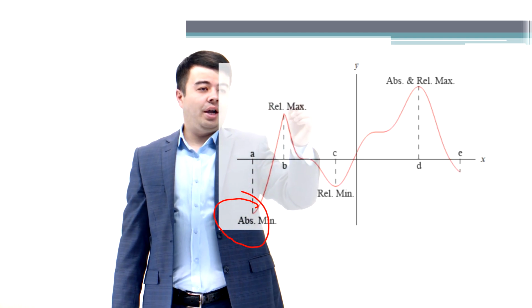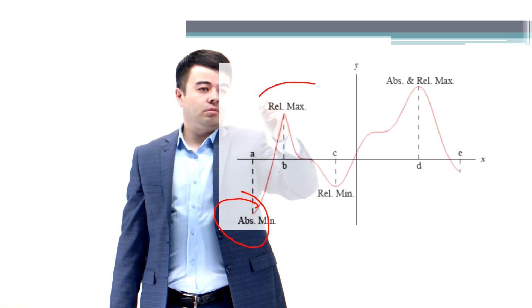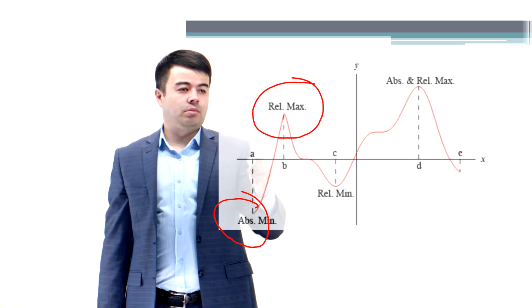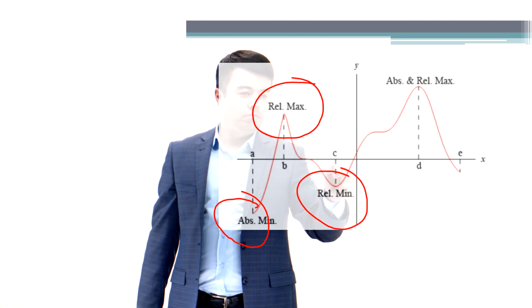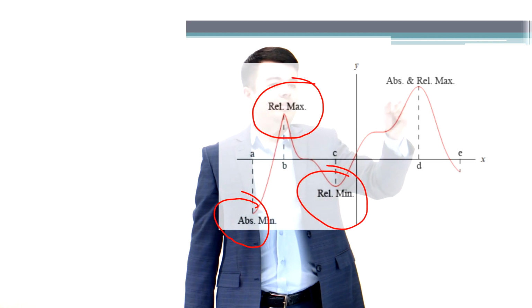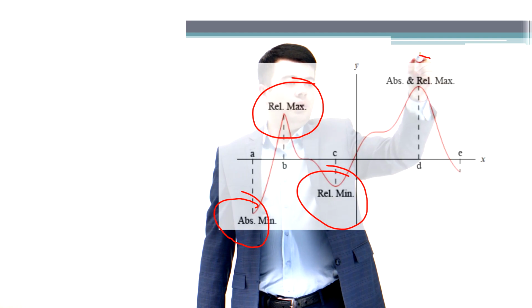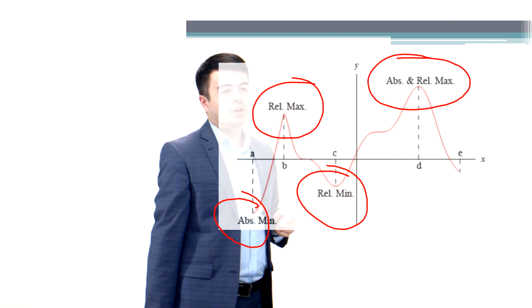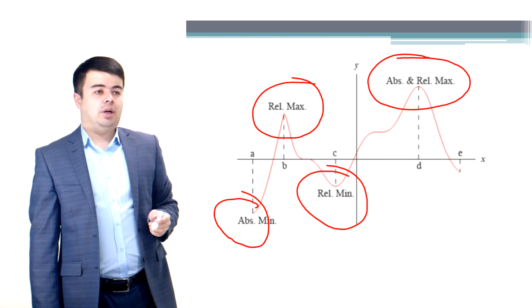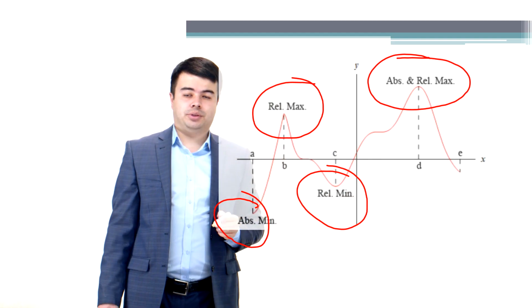And here we have relative or local maximum. Here we have relative minimum, yeah? And here we have absolute, and also we can say relative maximum. So here we have these four extrema points.